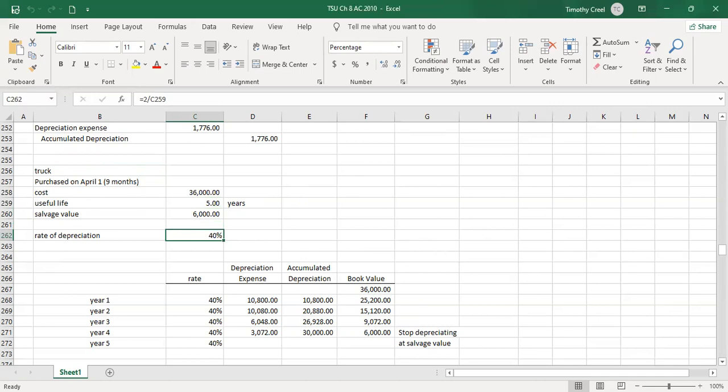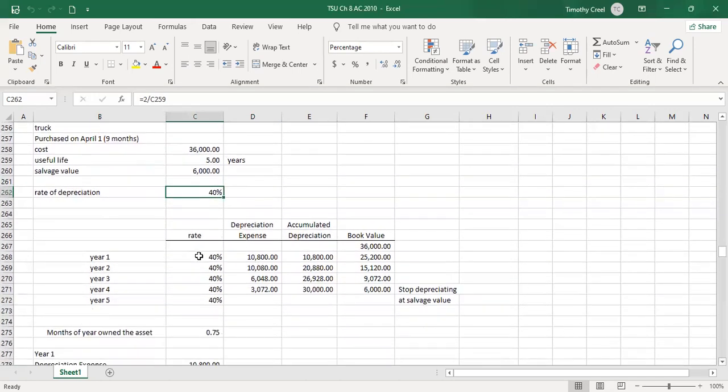Now, the one difference that we're going to do here is in year 1, we're going to take 40% of the book value, but notice that we can only recognize 75% of the depreciation. Because since we bought the truck on April 1st, we only had it for 9 months, which is 75% of the year. So we're only going to take 10.8 in depreciation in year 1. Then year 2, we take, again, our book value as of the end of the year times the rate of depreciation, and we work our way right down the list, basically.